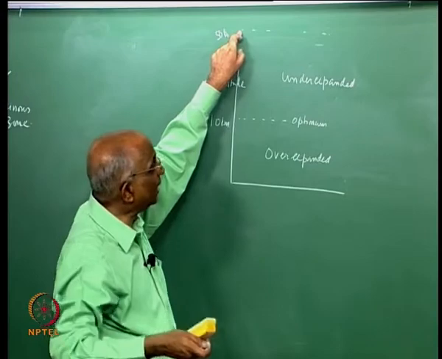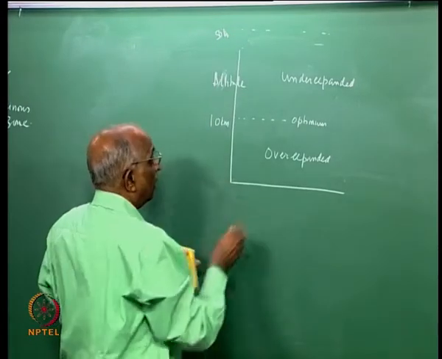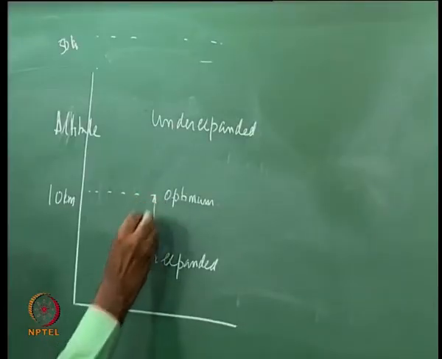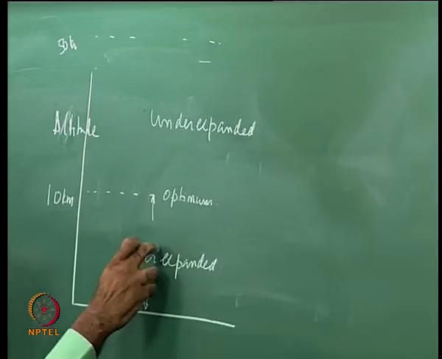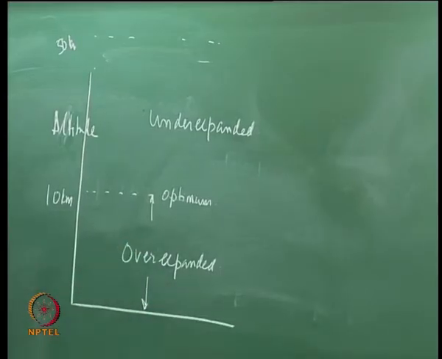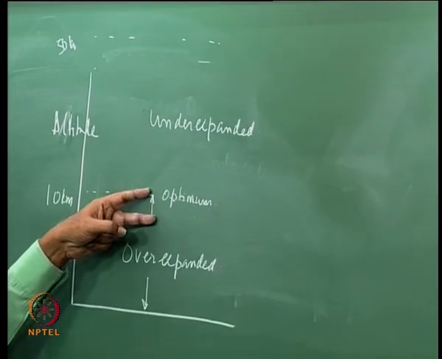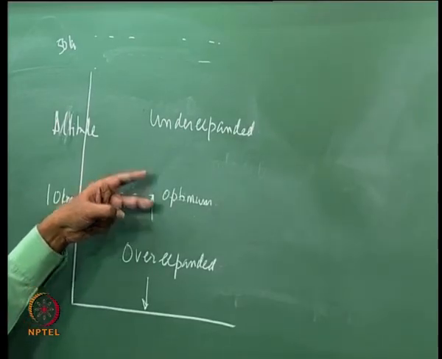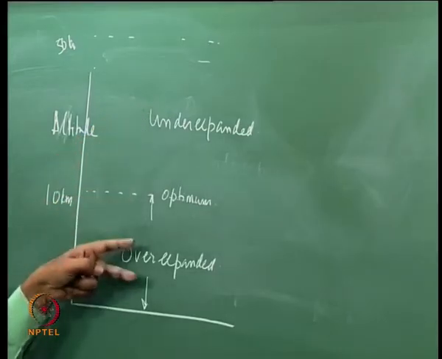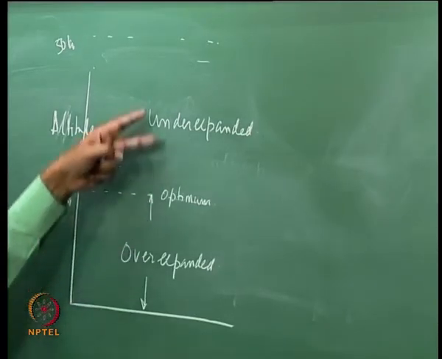Therefore, I am not getting that high Vj, but then I cannot also afford to overexpand my nozzle and get into some side thrust problems. It is always that a given nozzle operates either in an underexpanded mode or an overexpanded mode, but we try to decrease it.